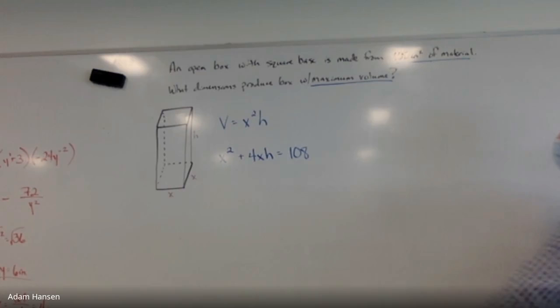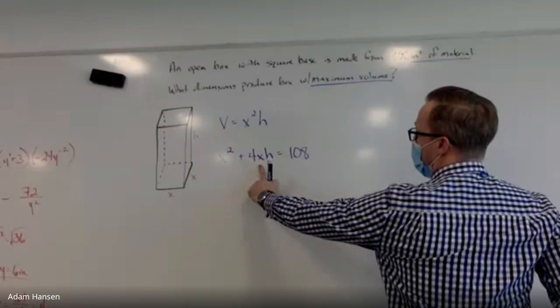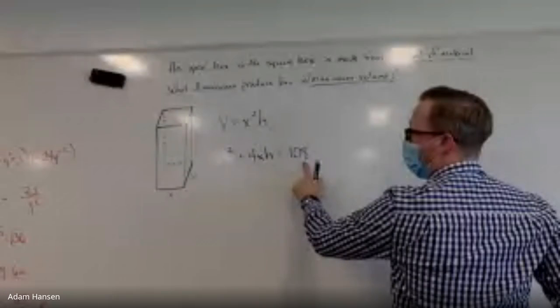Okay, once again, I've got to substitute this secondary equation into the primary equation. Do you want to solve for x or h? I think there's probably one that's going to be easier.